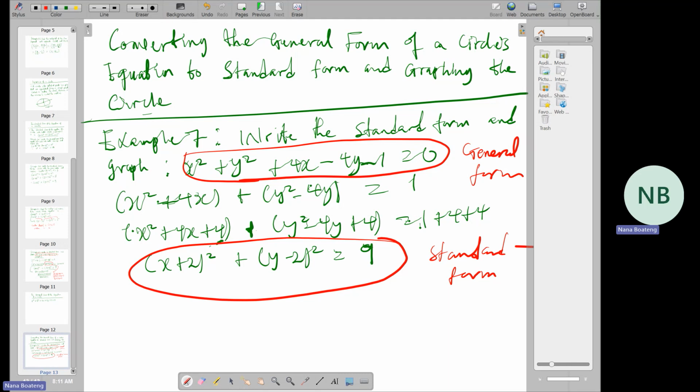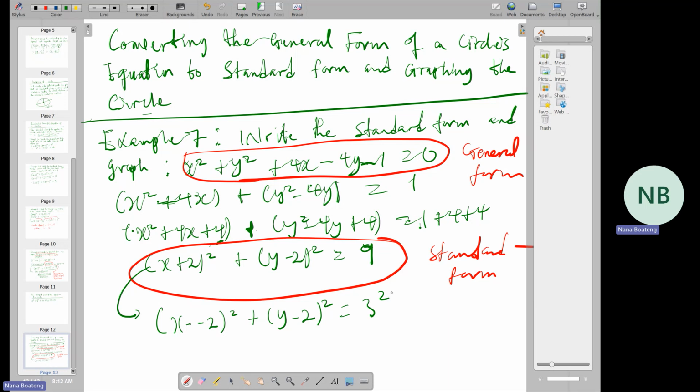All right. So now from the standard form, if we rewrite it this way, this standard form can be written as x minus negative 2 squared plus y minus 2 squared is equal to 3 squared.